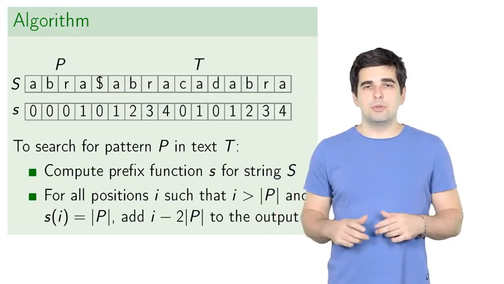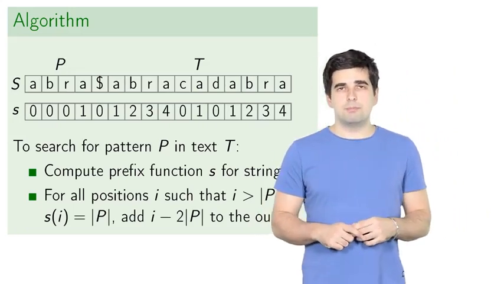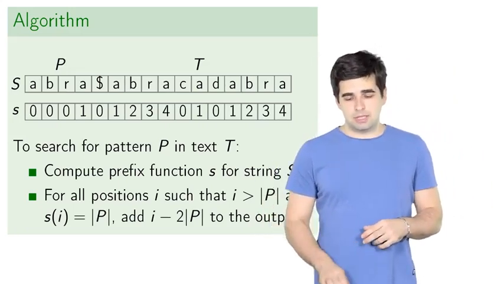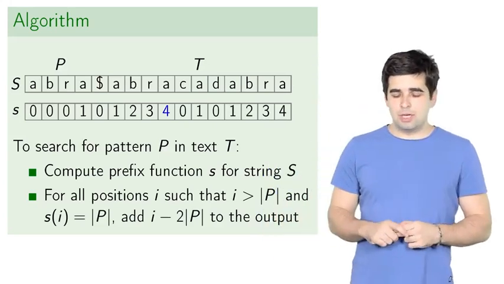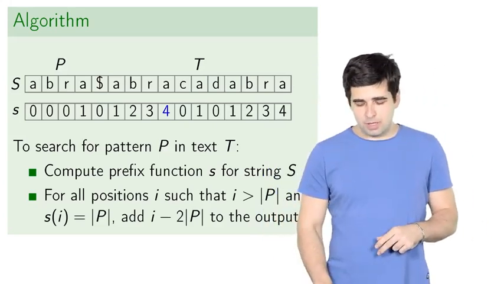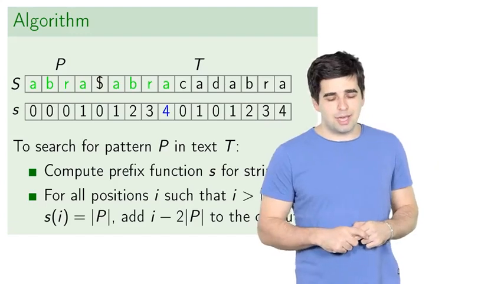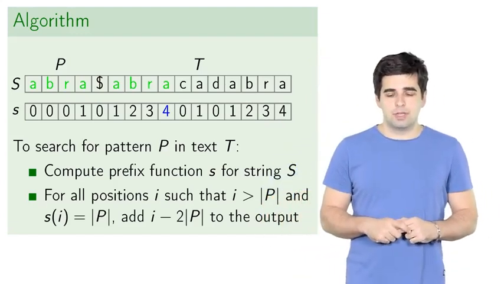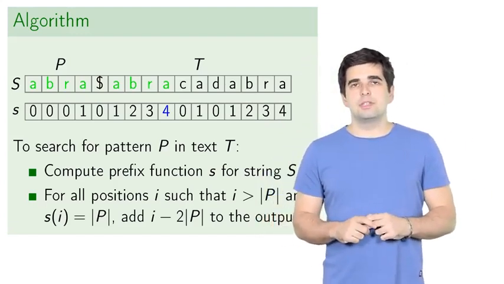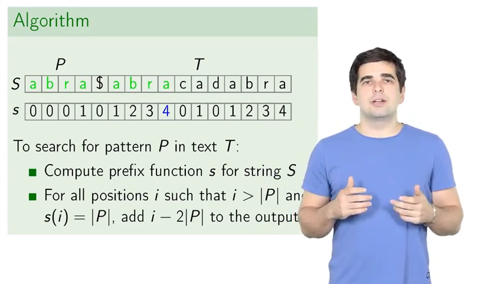And then this for loop, where position I goes from 1 to the last position in the string, will actually compute S of I. First we need to look at our current character, P of I, and compare it with the character right after the end of our current border.